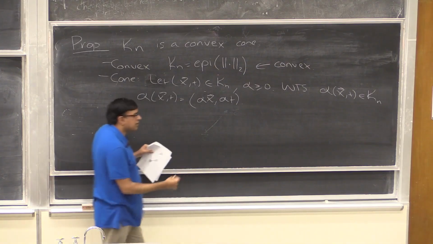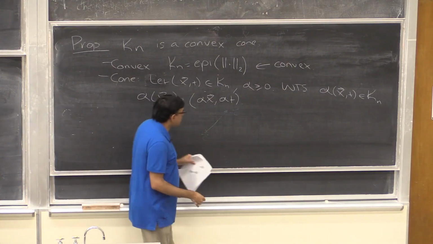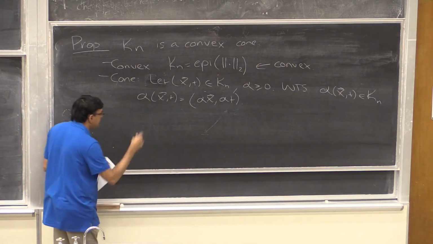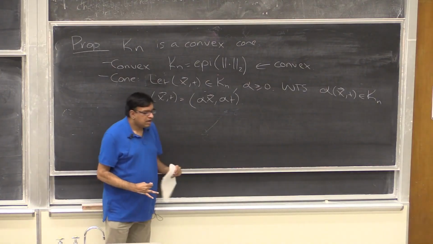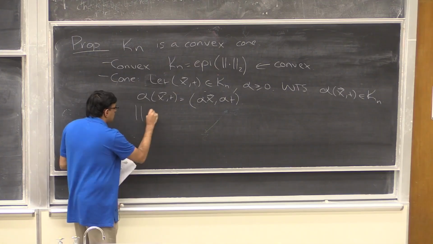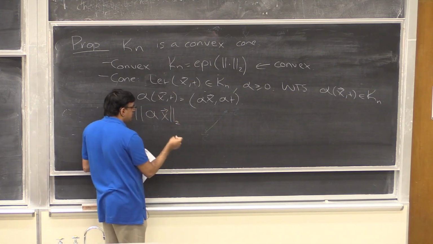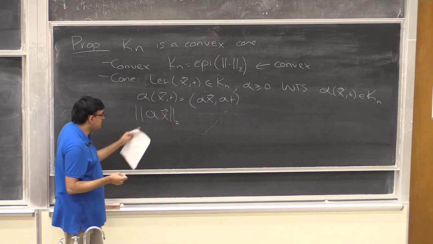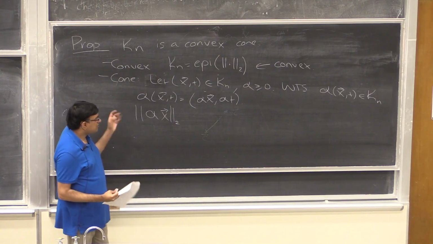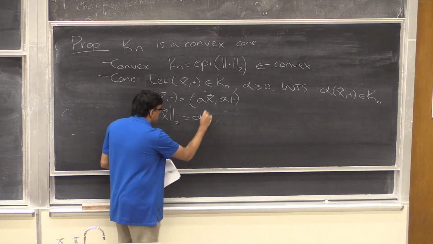This is still a vector in R^(n+1). To check that this vector is in K_n, we just need to take the 2-norm of the first component and show that it's less than or equal to the second component. The 2-norm of alpha x, because you can take scalars outside of the 2-norm, and because alpha is greater than or equal to 0, is equal to alpha times the 2-norm of x.